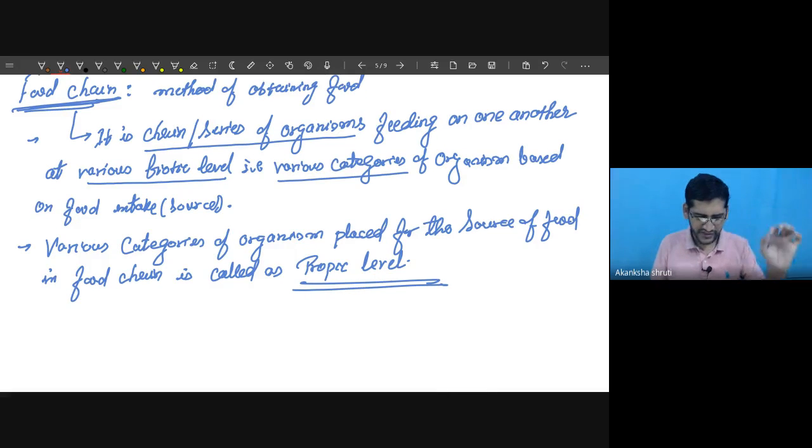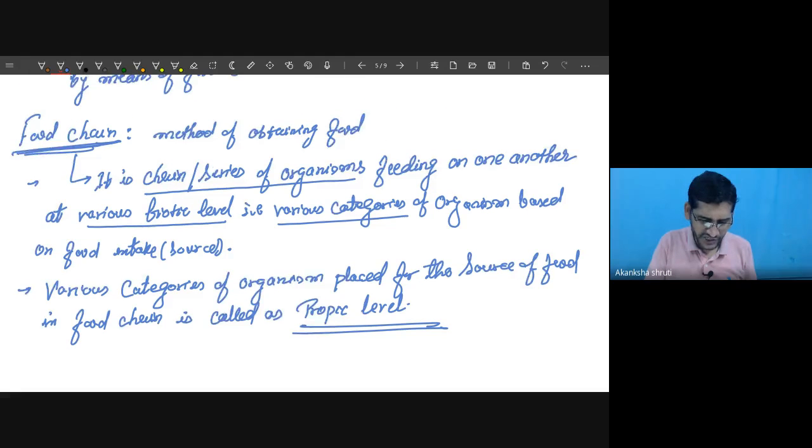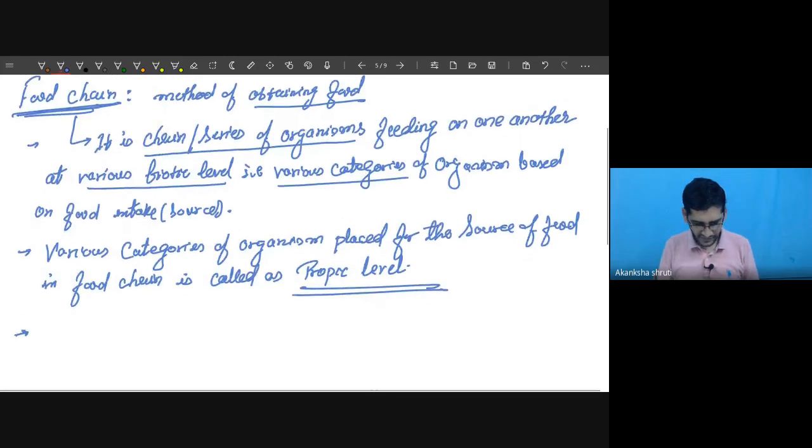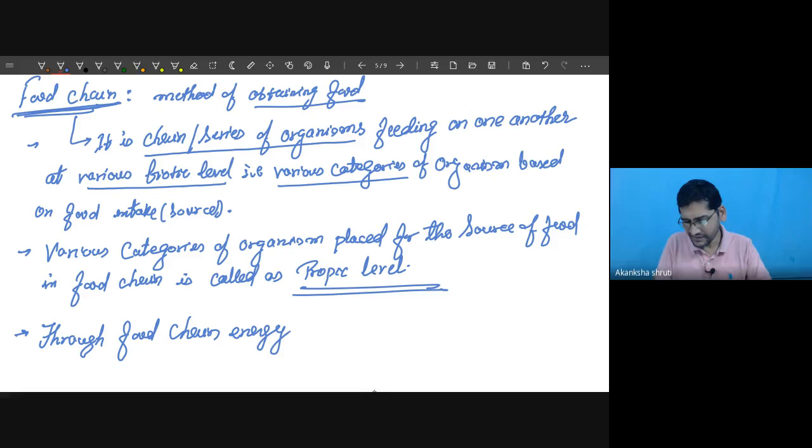Let us take an example. The ultimate purpose of a food chain is what? What is happening in this food chain? Through the food chain, energy is transferred from one trophic level to another, meaning various categories.